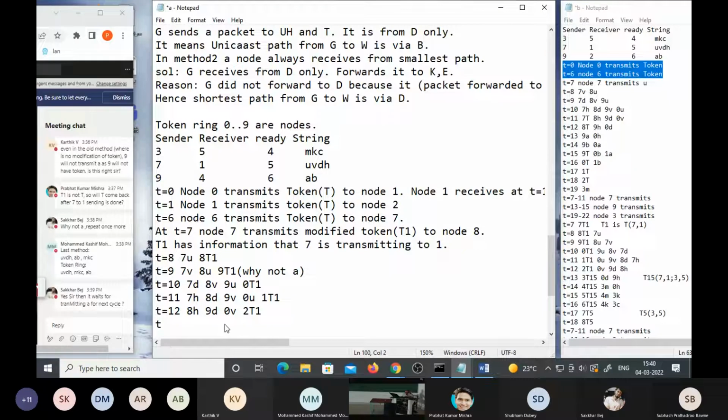At t equal to 13, 9 will transmit H, 0 will transmit D, and 3 will transmit P2.